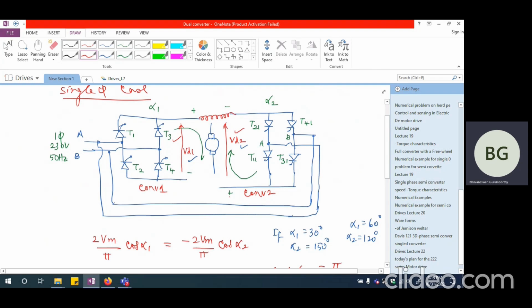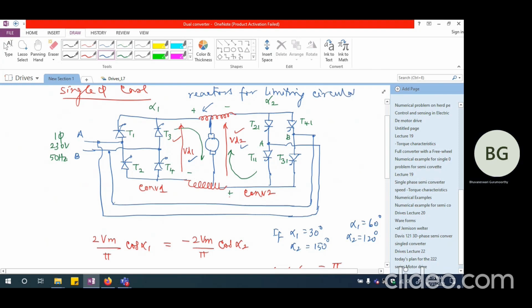What we try to do is to have an inductance sitting in between the two converters and we connect the DC motor drive along with those inductances. So these are basically reactors or inductances for limiting circulating current.